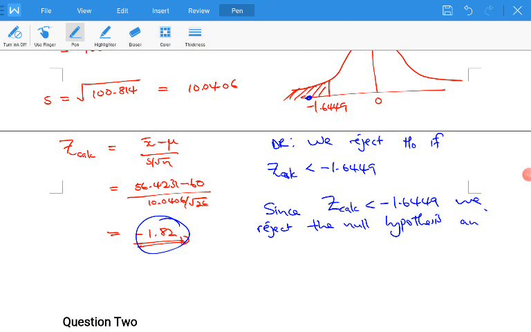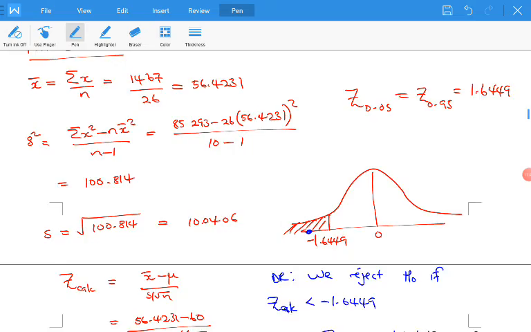And conclude at 5% level of significance that we have rejected our null hypothesis.